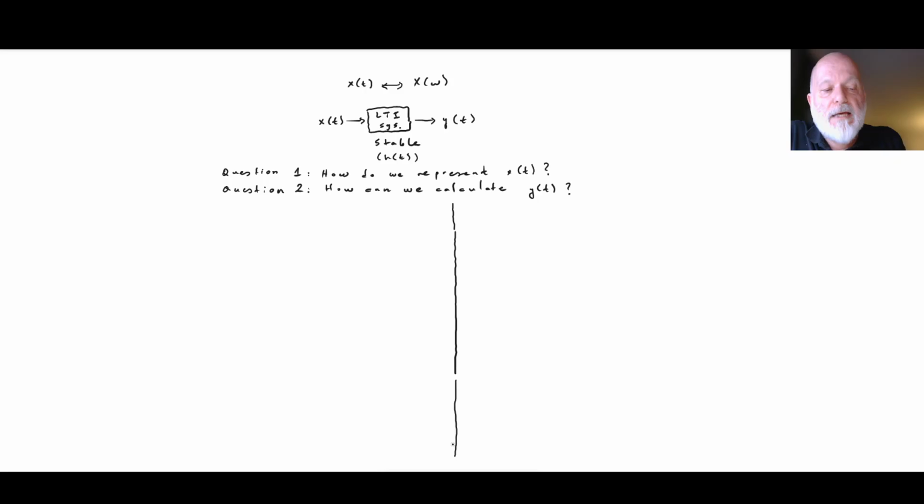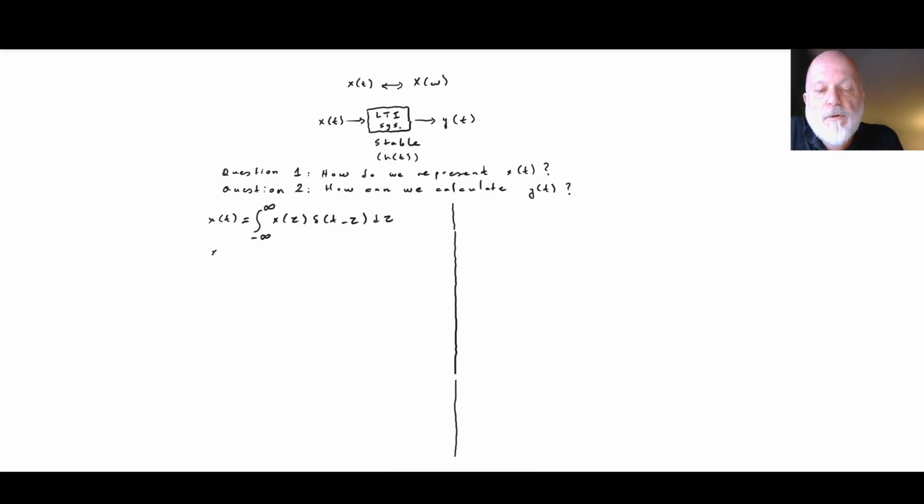Now, in the first case, x of t is represented in terms of a superposition of shifted impulses. So from minus infinity to plus infinity, x of tau, delta of t minus tau, integrated with respect to tau.